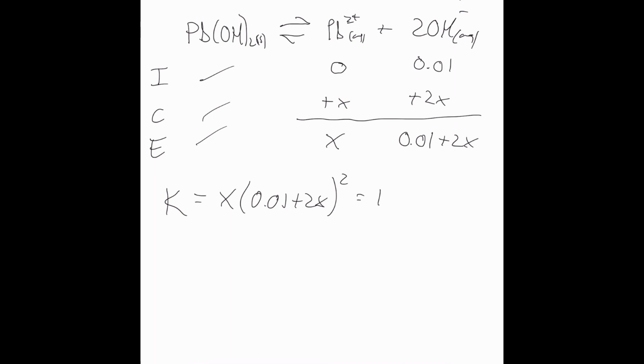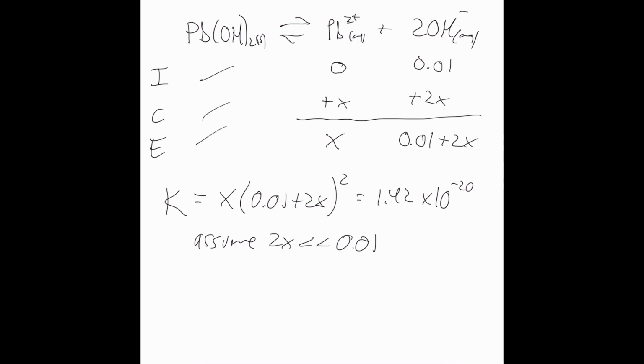It's 1.42 times 10 to the minus 20. Now remember our x last time was on the order of 10 to the minus 7. It is unlikely that 2x is going to be large compared to 0.01. So we're going to make an assumption: that 2x is much smaller than 0.01.